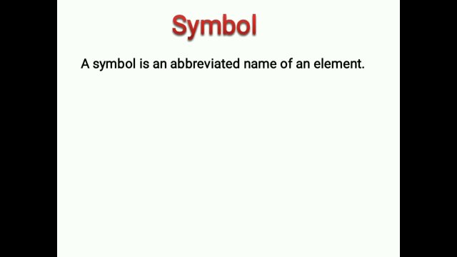So what is a symbol? A symbol is an abbreviated name of an element. Now what is abbreviated? It means shortened name. And what is an element? An element is a pure substance which is made up of one kind of atom.